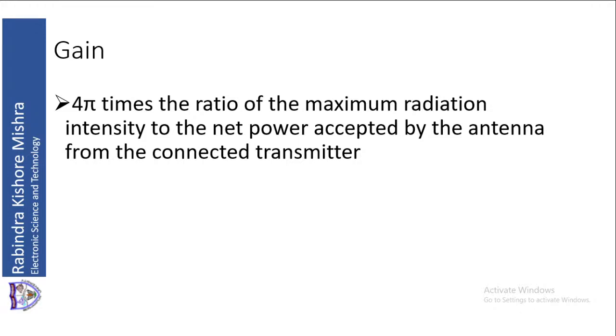So when the antenna is connected to a transmitter, gain is 4 pi times the ratio of maximum radiation intensity to the net power received by the antenna. So the maximum gain G is equal to 4 pi times Um by Pin, where Pin is the power given to the antenna.